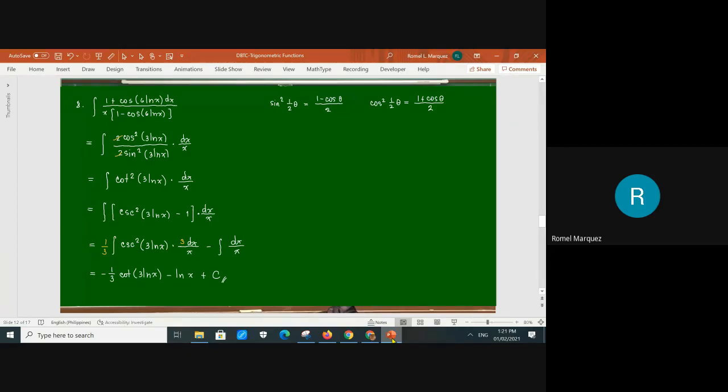Why do you think absolute value to x in the ln is not necessary anymore here in the second term? Integral of du over u. Because of what? Because of the presence of ln x. It is already implied that x is never 0 or negative. Okay? So no need for this. So in the beginning pa lang, from the original, it's already understood or implied that x takes positive values only, except, for instance, the value of x that will make the denominator 0. Okay? Guys?